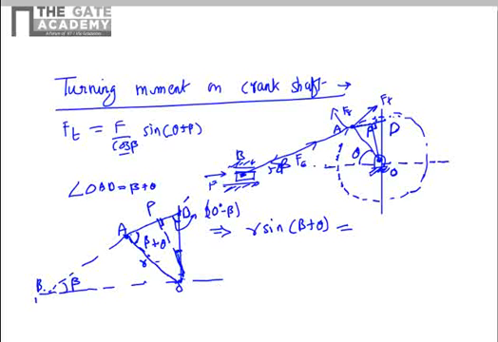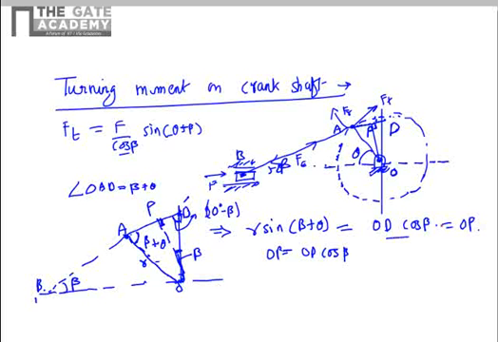This is a right angle here in the triangle OPD. Since this angle is 90 minus beta, this angle will be beta. So the length OD cos beta will be equal to length OP. OP is equal to OD cos beta. So R sin (beta plus theta) will be equal to OD cos beta. We are doing the expression for OP. So OP is also R sin (beta plus theta) and also OD cos beta.